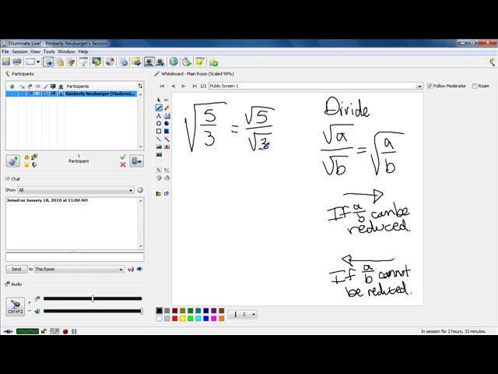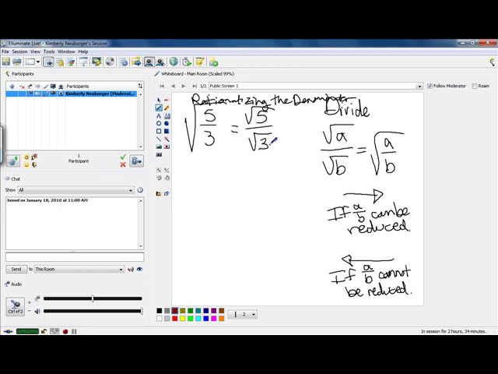So what we're going to do is a process that we call rationalizing the denominator. We're going to make the denominator a rational number by multiplying it by something that would make the root on the bottom a perfect square.